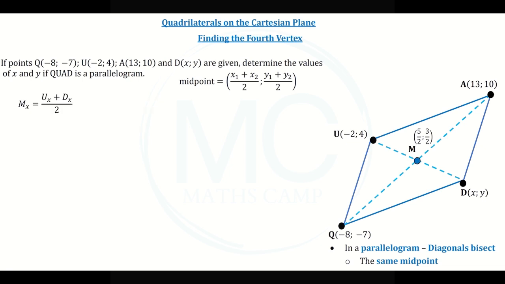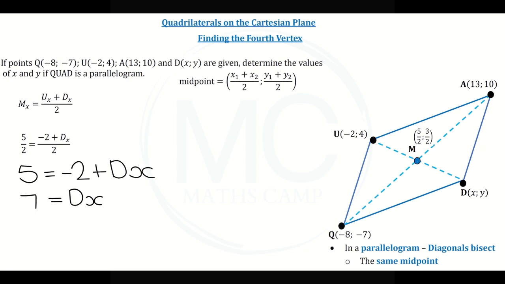The x-coordinate of M, 5 over 2, is equal to the x-coordinate of U, negative 2, plus the x-coordinate of D, the coordinate we're trying to find. So let's just leave it as dx, all over 2. Now we can multiply both sides by 2. We get 5 is equal to negative 2 plus dx. To get the x-coordinate by itself, let's add 2 to both sides, and we see that 7 is equal to the x-coordinate of D.